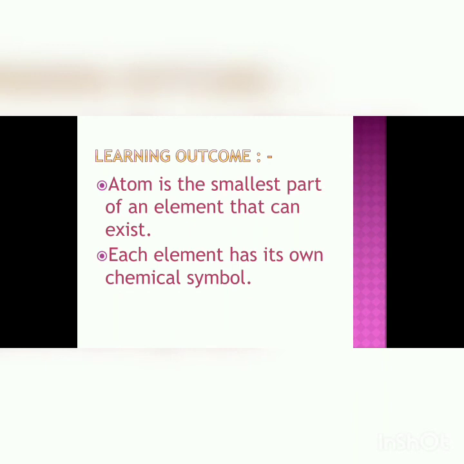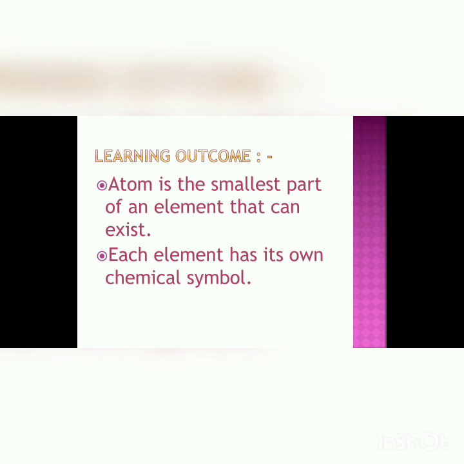Learning outcome. What did we learn in today's session? Atom is the smallest part of an element that can exist. An element is made up of atoms, and each different type of element has a different type of atom. Like for example, we saw zinc.